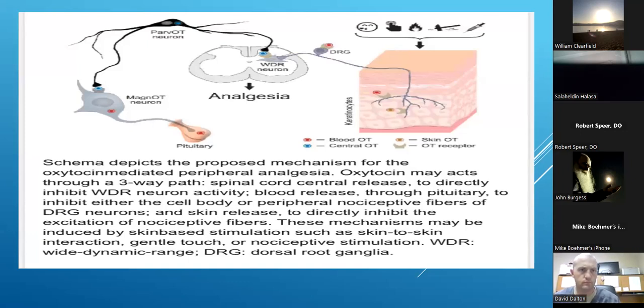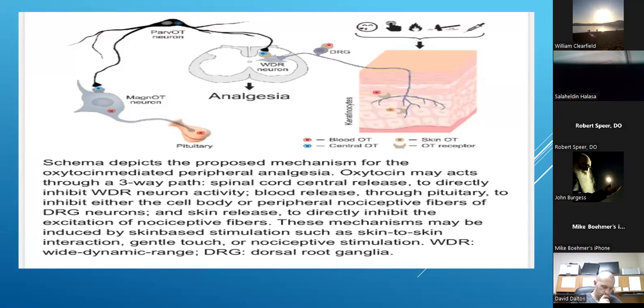Okay, so we already talked about how oxytocin inhibits the nociceptive pathway at the spinal cord level, because it's part of the descending analgesic pathway.